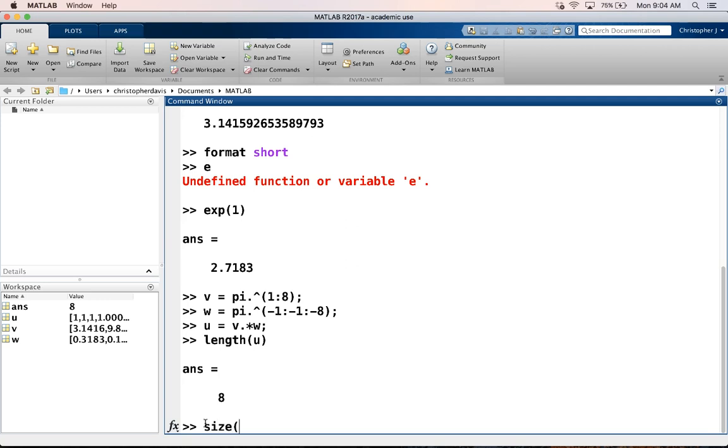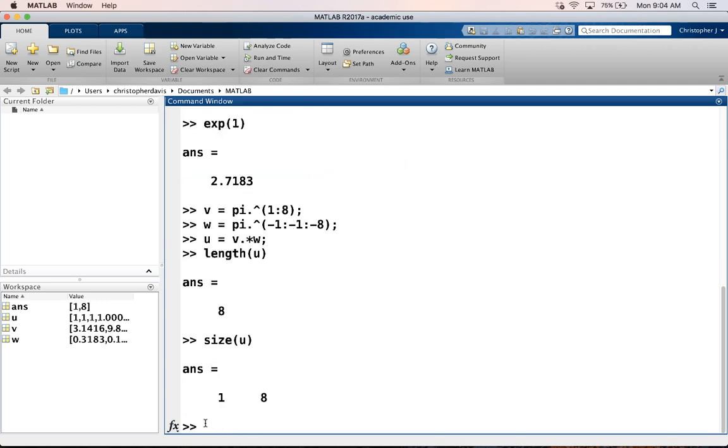If I want to see what its dimensions are, okay, this is telling me that it's 1 row and 8 columns. So if I do u equals 1, this is asking true, false. The first entry is 1, true, false. The second entry is 1. And so at the end, we're going to get a length 8 row vector with all zeros and ones in it. You should think of that as all trues and falses in it.